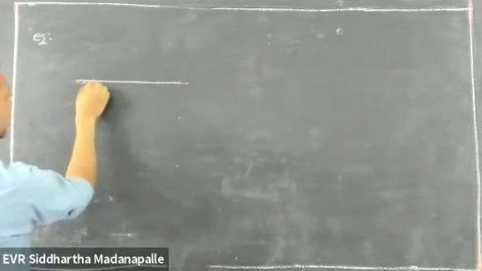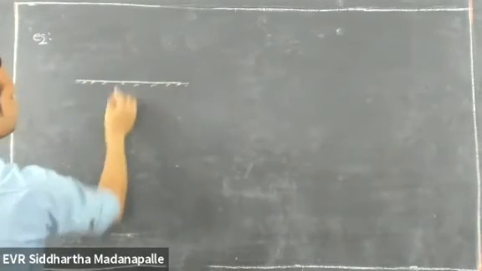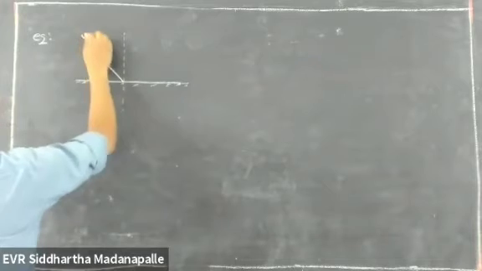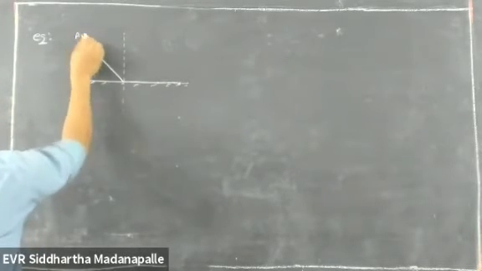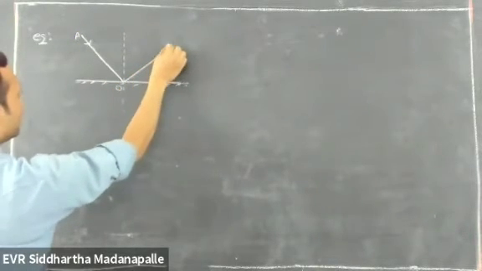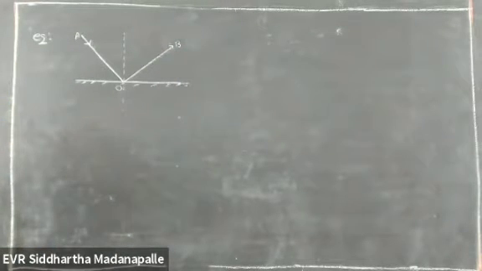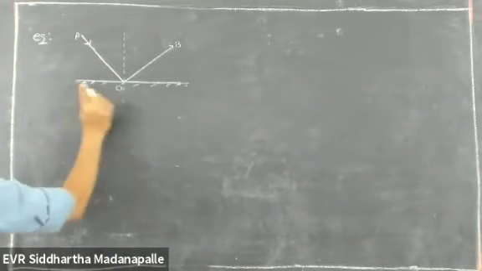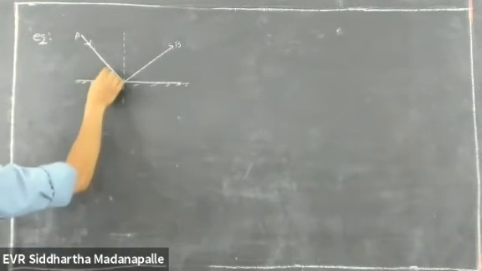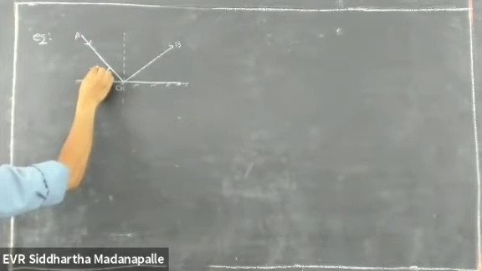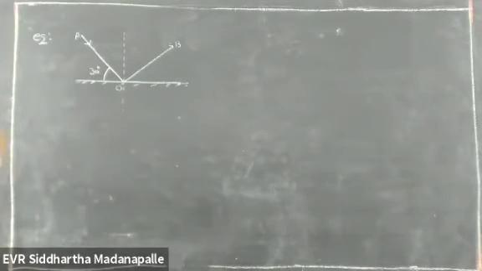Let us consider this is a plane mirror, and this is the normal, and this is the incident ray. AO is the incident ray and here OB is the reflected ray. The angle made by the incident ray with the horizontal is equal to 30 degrees.